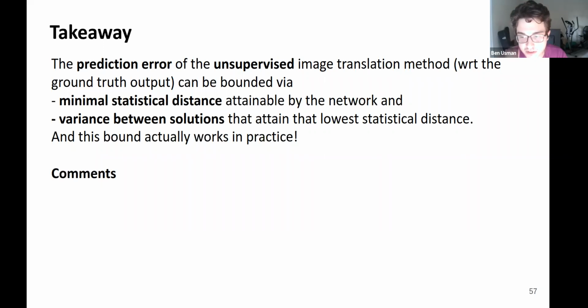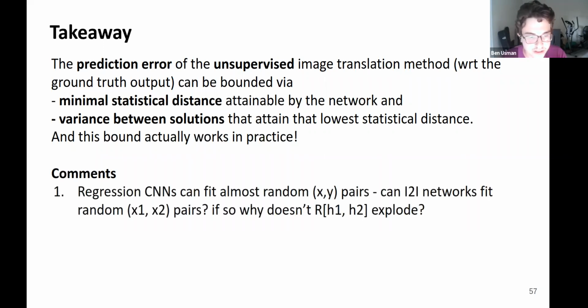Some of my personal comments are that, first of all, I was under the impression that neural networks can fit almost any noise, and therefore people often think of them as having infinite capacity or infinite VC dimensionality, and other classical notions of complexity.